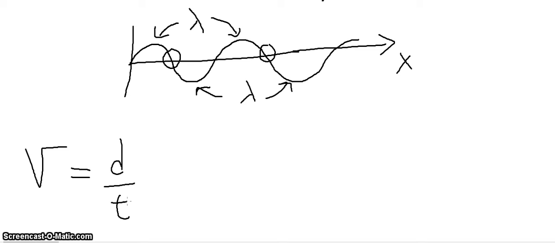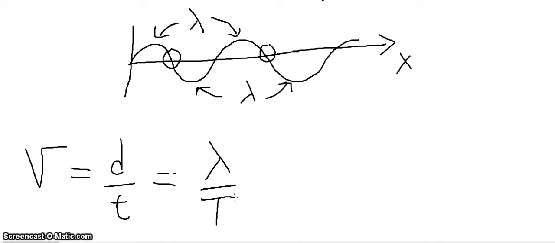Well, in terms of waves, the distance that the wave travels to complete one cycle we call the wavelength, lambda, and the time it takes to complete one cycle is called the period, T.